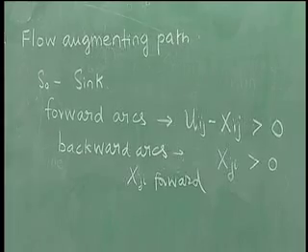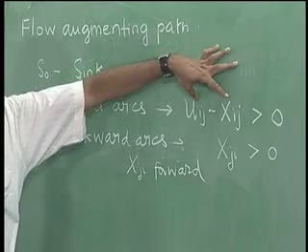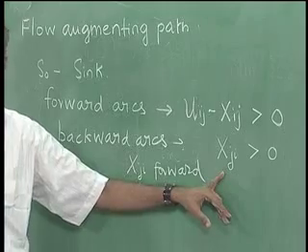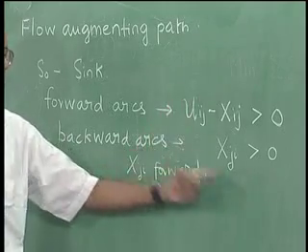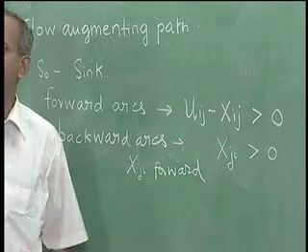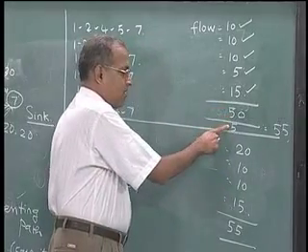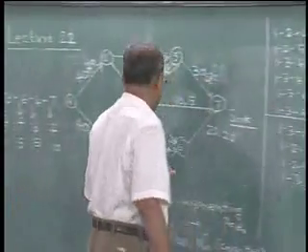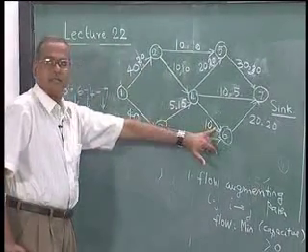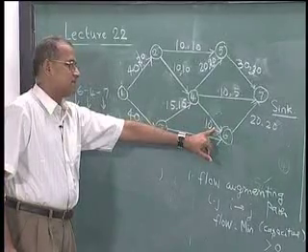So when we do this, then we take the minimum value of the uij minus xij if it is a forward arc, and the flow xji if it is a backward arc, and all of these being strictly positive, the minimum will be a strictly positive quantity, and the flow gets increased by that quantity. Correspondingly if it is a forward arc then this increases, if it is a backward arc then this decreases. In this case we earlier had 5 and now it has decreased to 0.